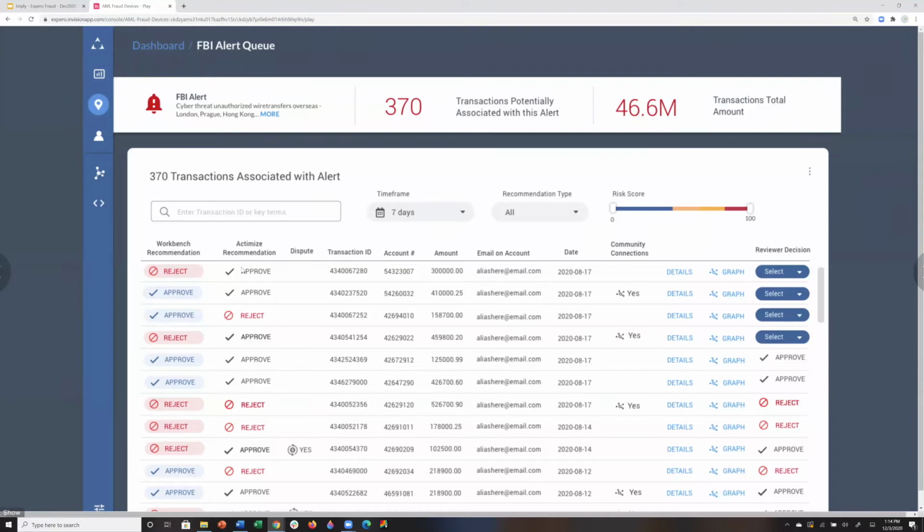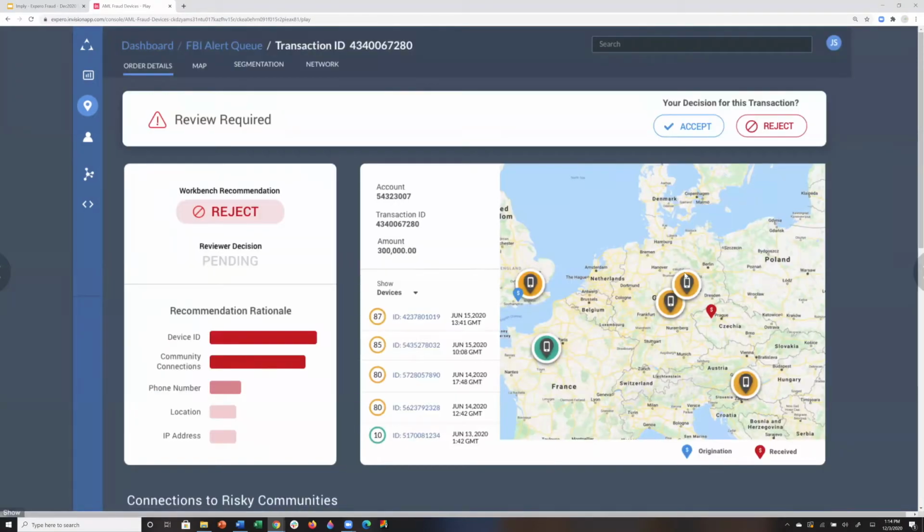And it says, well, everything looks okay, but the new system shows something that's a bit more connected, or information now is showing me that I may want to dig in a little deeper. So what I can do then is I can actually click on this, and I can say, well, human, there are a couple of things that I have found for you. The first is these device IDs are connected to other fraudulent or suspected fraud in these communities. So I'm sort of telling you now that this is one of the reasons why.